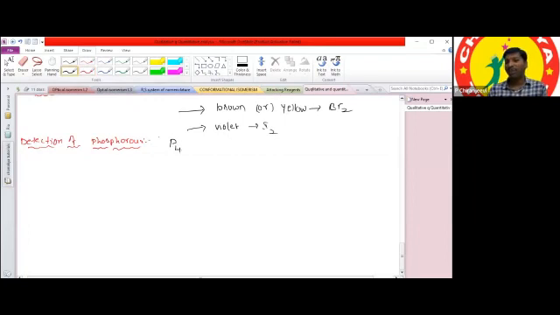Now, if the phosphorus is treated, it oxidizes the phosphorus into sodium phosphate.